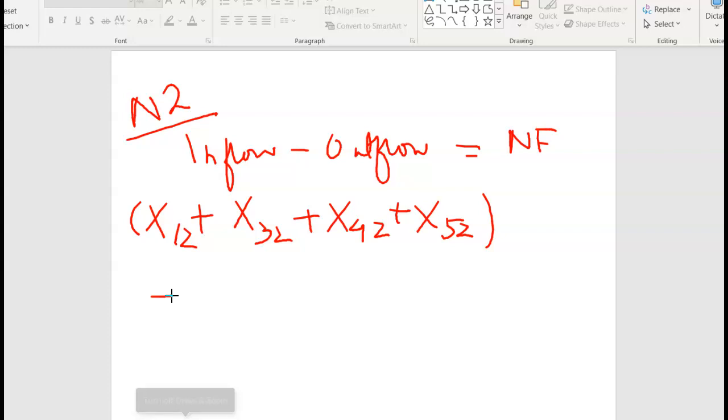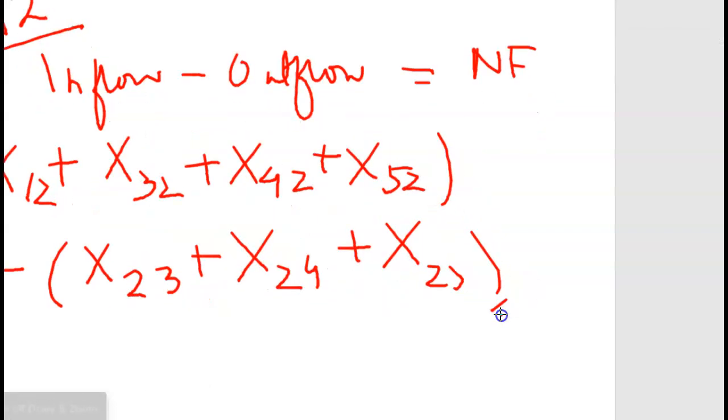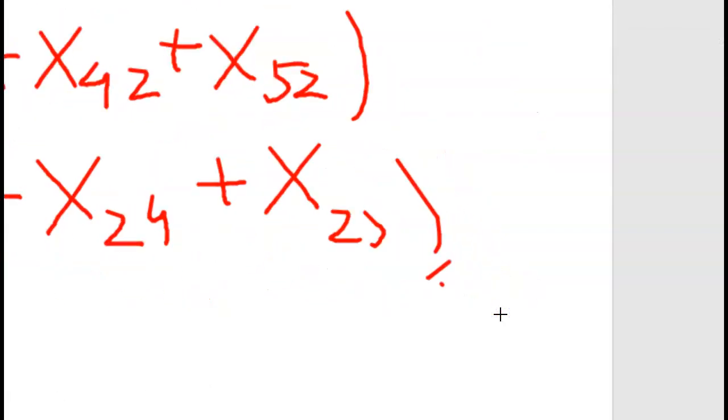It's not a route that we will take. We won't go backwards and then go forward. So for the outflow, it'll just be x23, x24, and x25. So that basically completes the right-hand side of our equation, and the left-hand side of our equation.